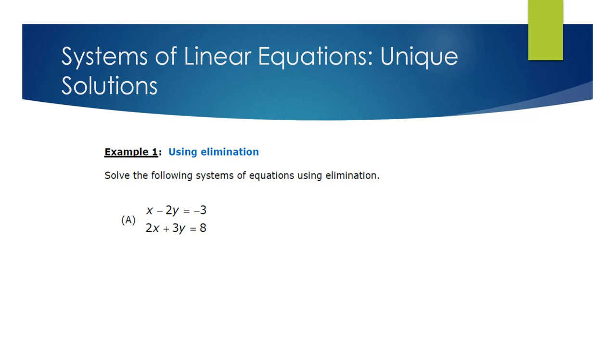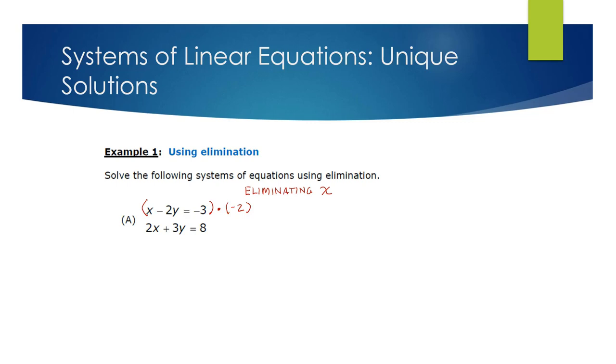What I want to do for x to be eliminated, I want to get the same number in front of x in the top equation as I have in the bottom equation, but I want it to have a different sign. And since the bottom equation has a positive 2x, I'm going to multiply the top equation by negative 2. That'll put a negative 2 in front of the x, and so eventually when I add the two equations together, the x's will get eliminated.